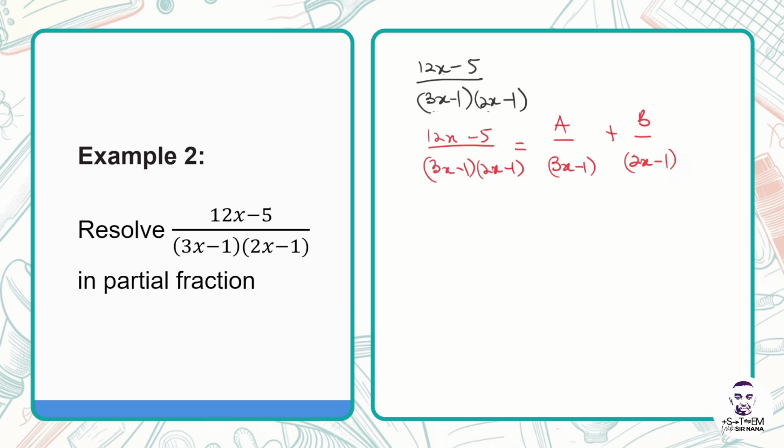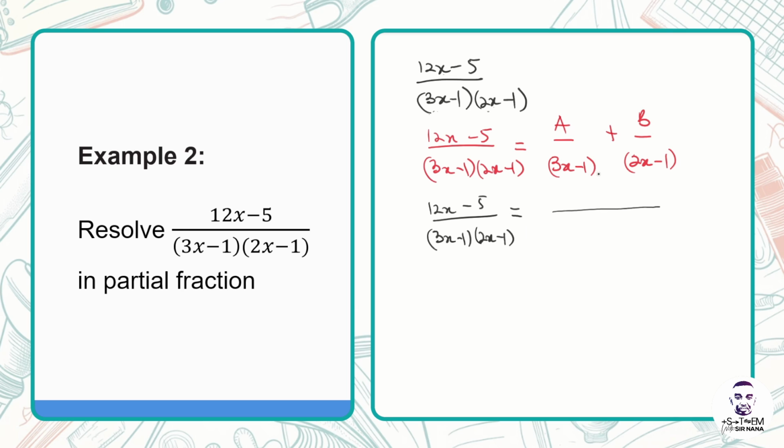Now that we have done this, the left hand side will be written the same way: 12x minus 5 all over (3x minus 1)(2x minus 1). That's the rational function we want to decompose. So here we'll find the LCM.